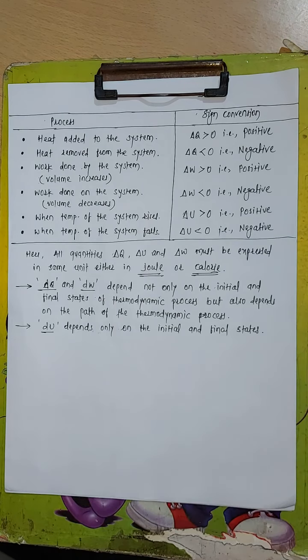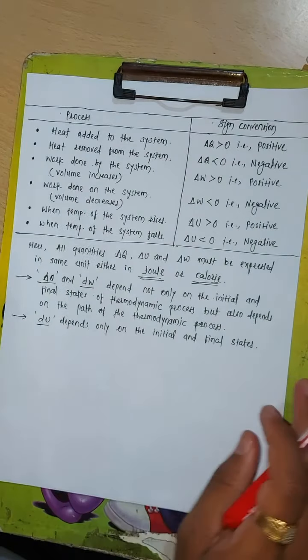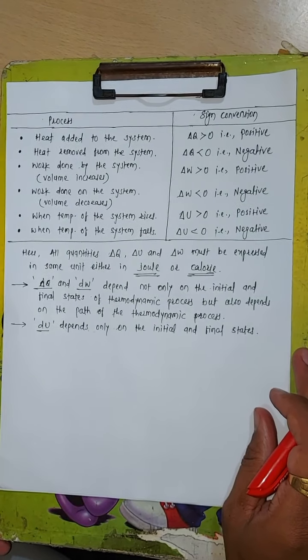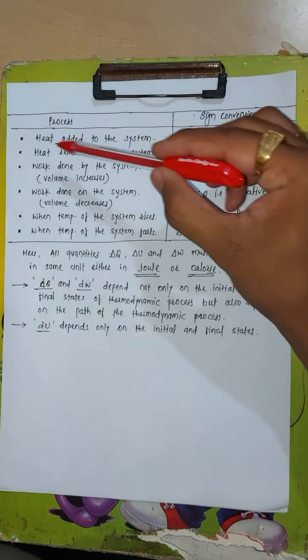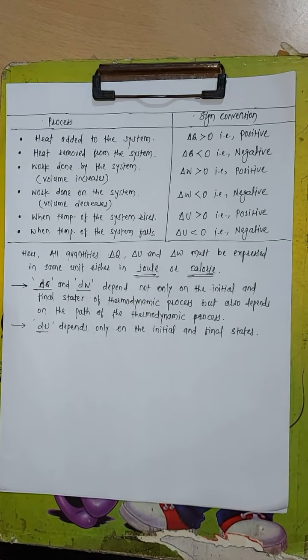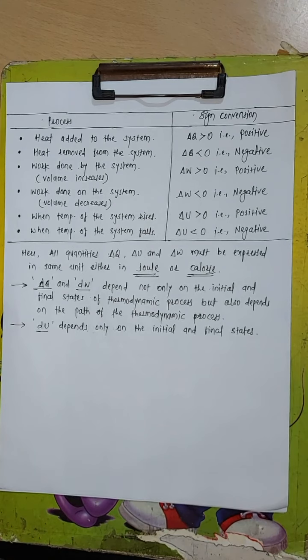In that table, we see the thermodynamic sign convention for heat and work. We will understand those processes and study them one by one. The first process is heat added to the system. If we provide heat to the system, we have the formula delta Q is equal to delta U plus delta W.